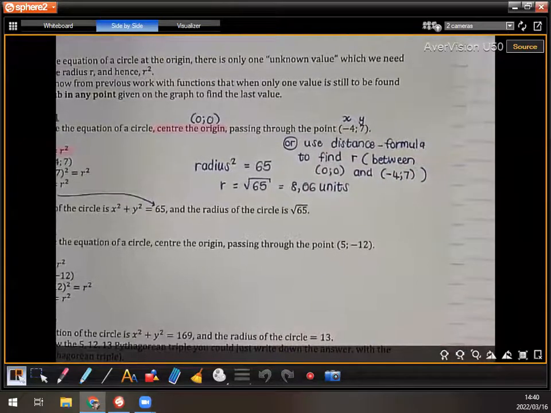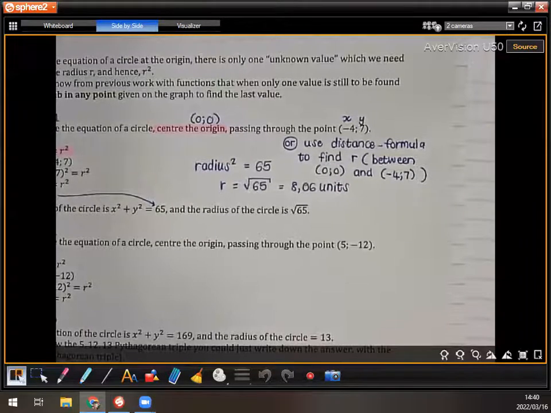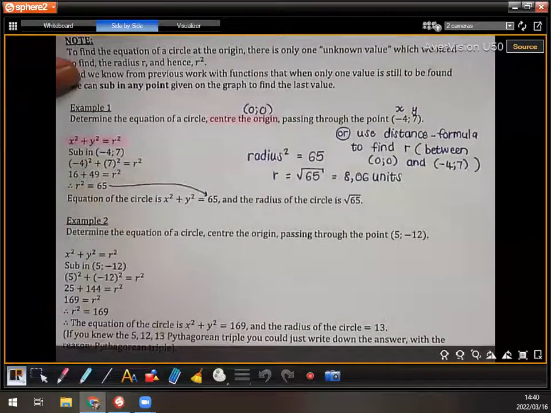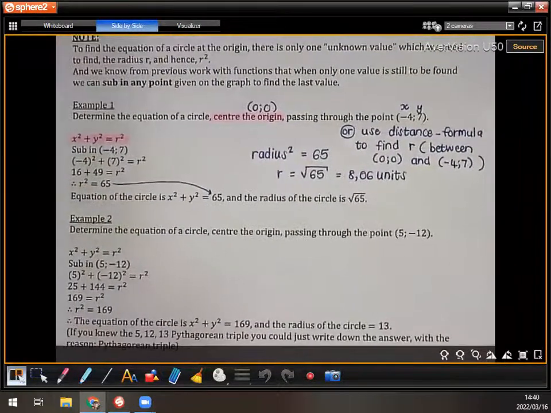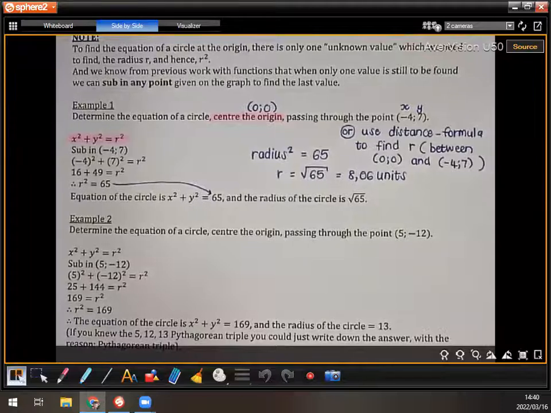That will give you the length of the radius. Then you must just make sure when you put it into that formula that you square it. Because again, there's no correct method of doing this. You can choose. Do you just want to sub in a point and calculate r squared like that? Or do you actually want to calculate the length of the radius using the distance formula and then square it? Both methods will work. It's up to you.